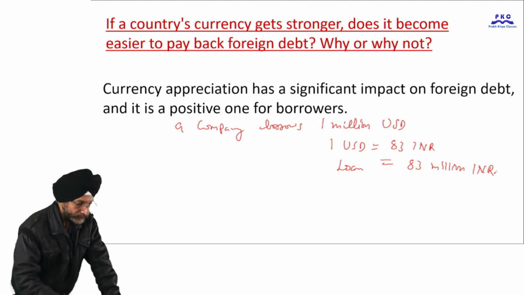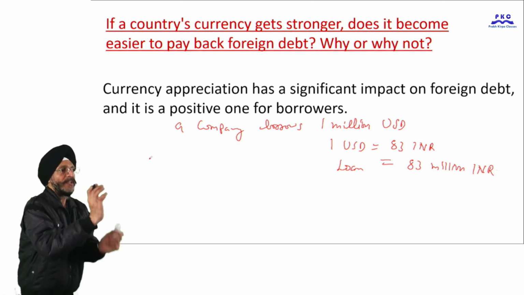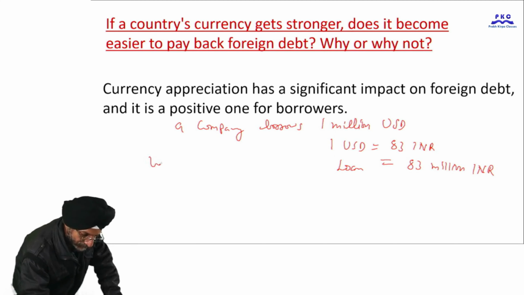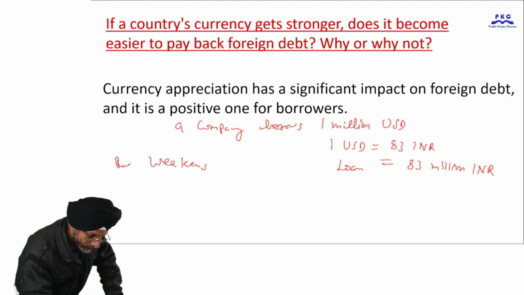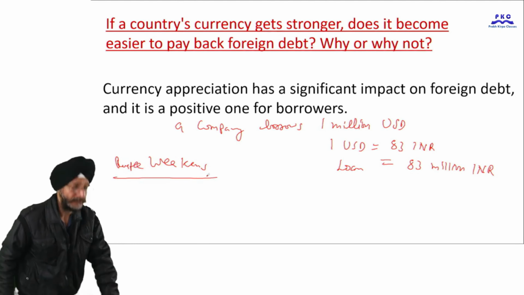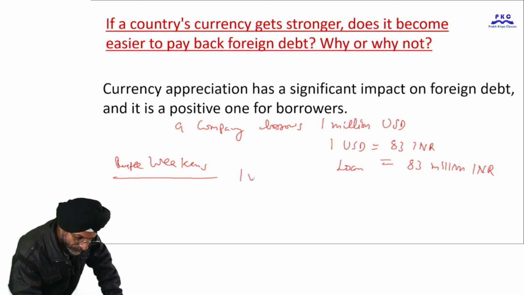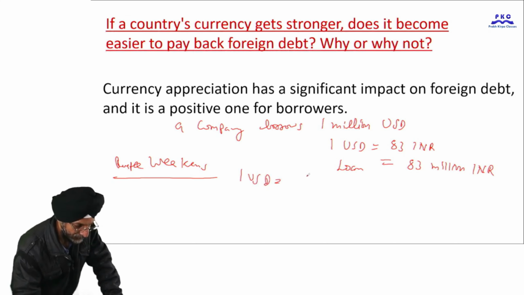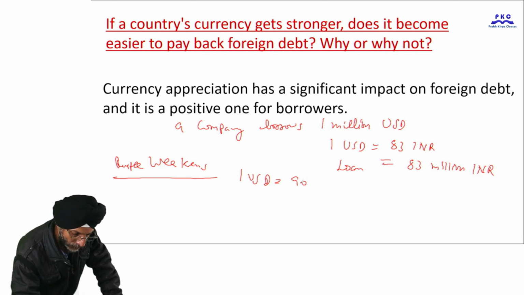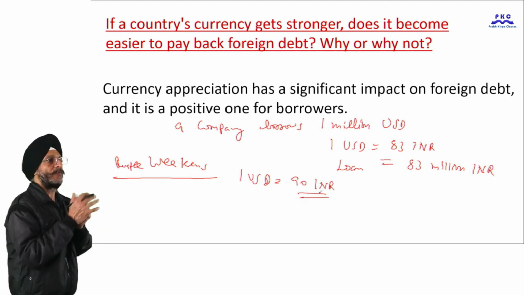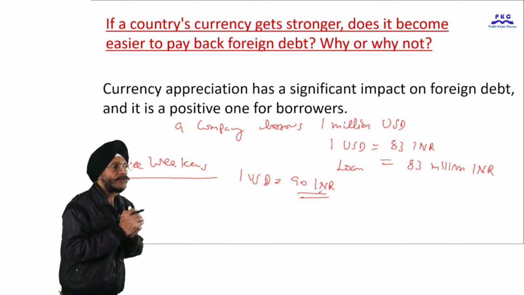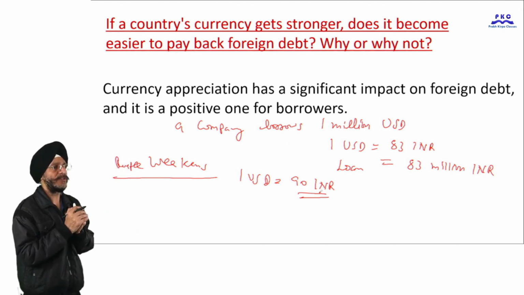If the Indian rupee weakens, suppose it becomes 90 Indian rupees equal to 1 US dollar, what is the situation?